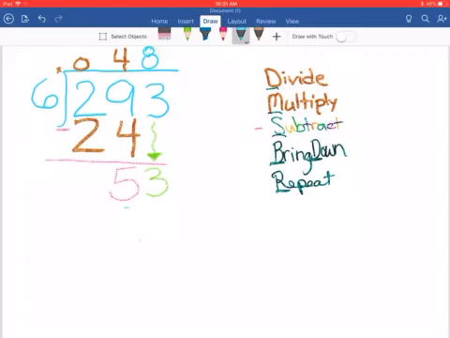So 6 times 8 is not 88, it's 48. Subtract, which gives me 5. And I have nothing else to bring down, so that 5 is my remainder. 48 remainder 5 is my answer.